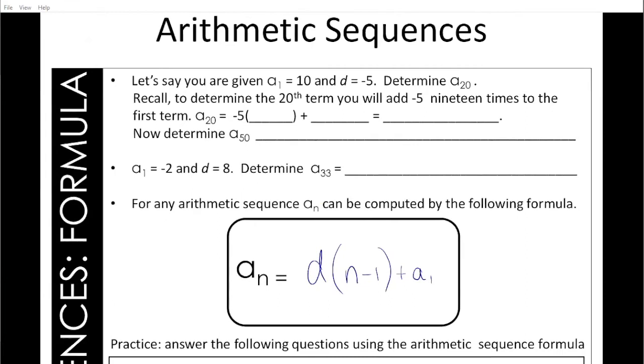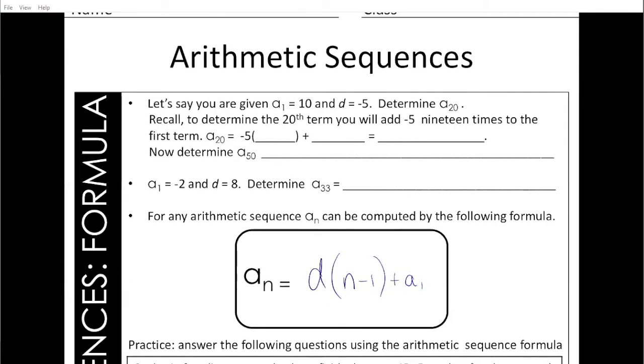So let's say we're given a_1 is 10. So our starting number is 10. So that would be this first one down here in the bottom, off to the side. A common difference of -5, and they want us to find the 20th term. So we go 20 minus 1. Okay.